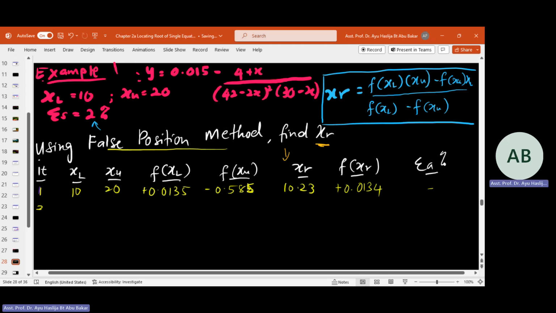Okay, so for the second iteration, your XR will replace XL or XU? XL. Because F(XR) is positive, we replace the previous positive figure. Put it here. So this falls under F(XL), so your XR becomes your XL. XU remains, and F(XU) remains.